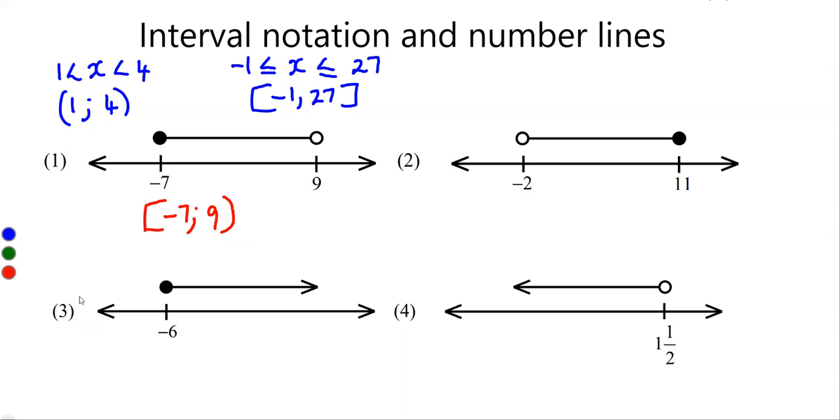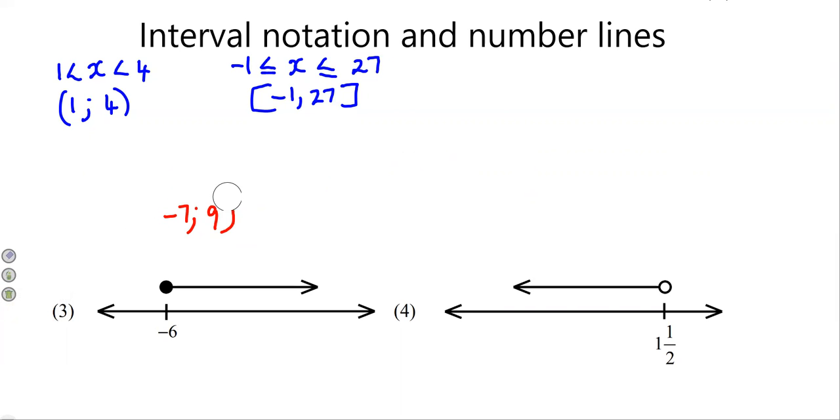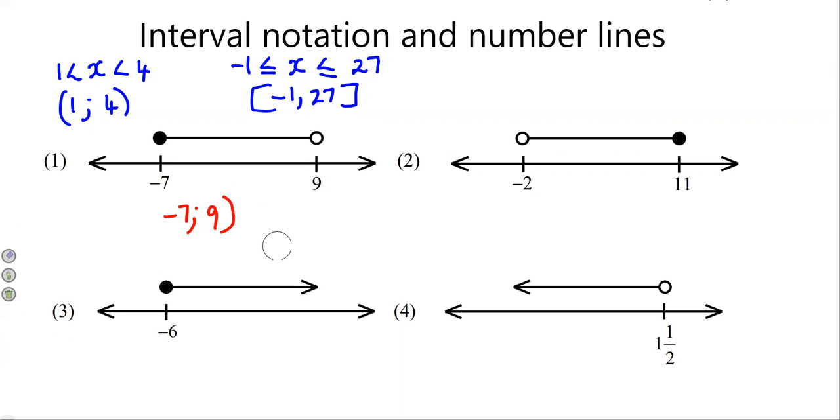So let me try to use different colors here, so that you understand. Here is a bracket. Here it's a square corner bracket, with a corner there.